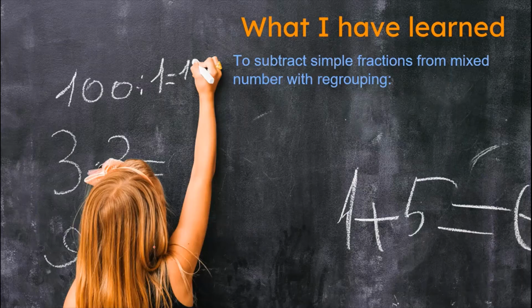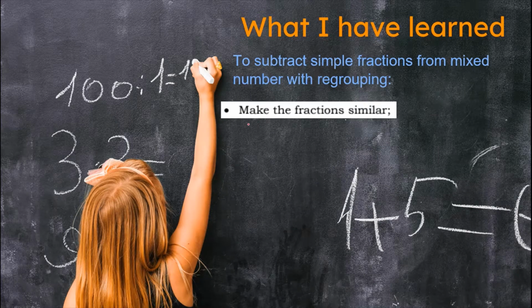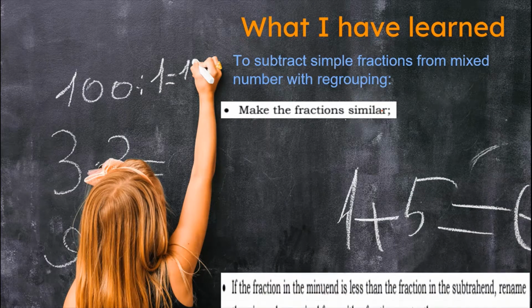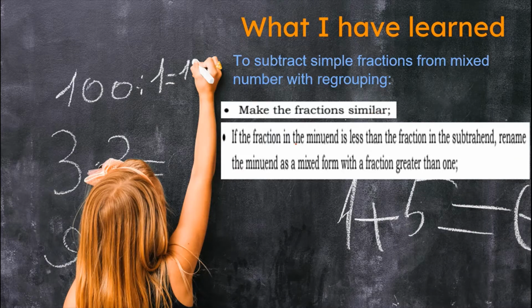Okay, so let us recap the things that we have learned to subtract simple fractions from mixed numbers with regrouping. The first thing that we need to do is to make the fractions similar. If the fraction in the minuend is less than the fraction in the subtrahend, we need to rename the minuend as a mixed form with a fraction greater than 1.